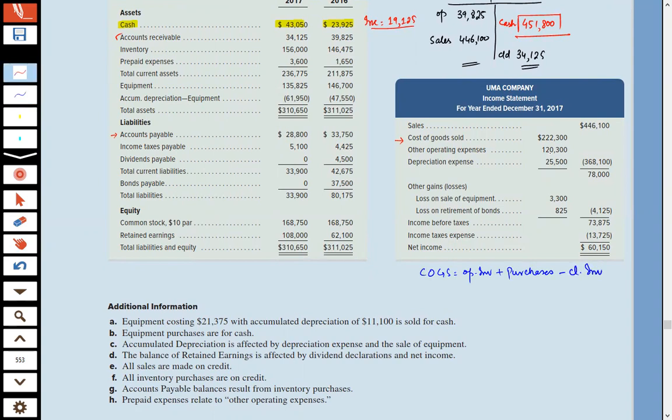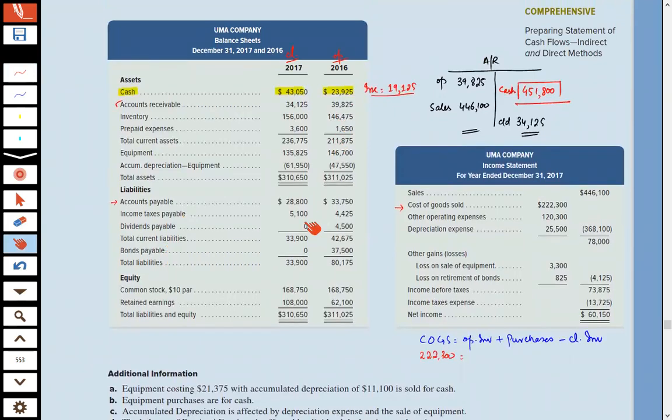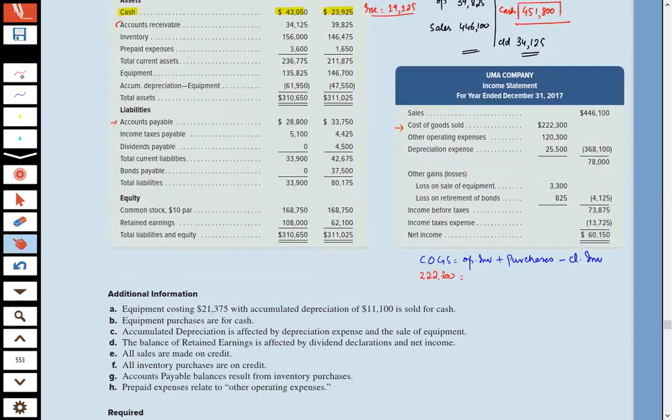Cost of goods sold is 322,300. Opening inventory is 146,475. Purchases that we have to find, that is X, minus closing inventory of 156,000.